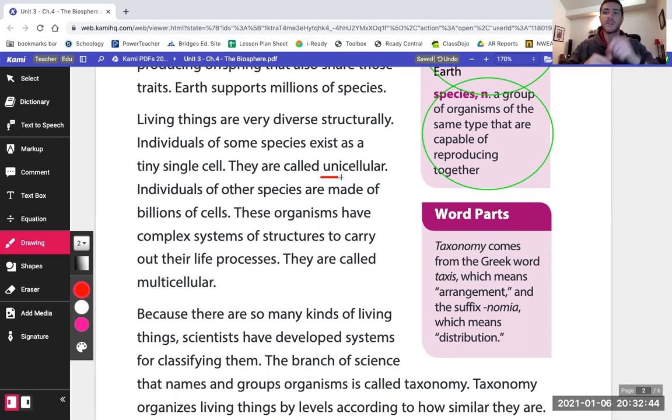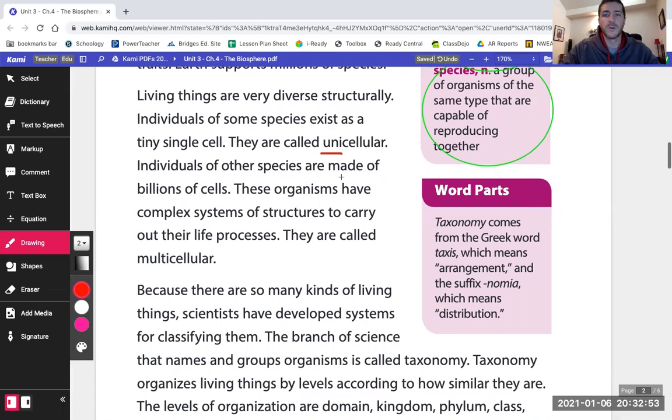You have tiny little bricks that make up one object. I'm one of those. I'm a building. It's cool. These organisms have complex systems of structures to carry out their life processes. These are called multicellular. Okay, a virus, unicellular, because there's one thing that makes it up.